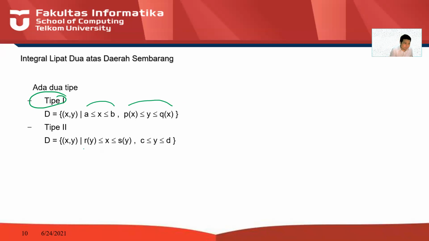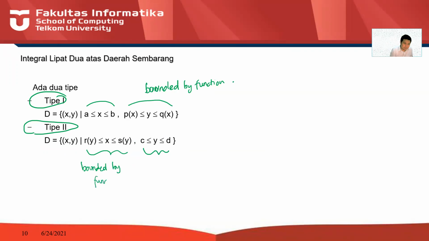Number two, type number two, actually the domain itself, the x is now bounded by functions. In type 2, the y is fixed from C to D, but the boundary for x is bounded by functions.